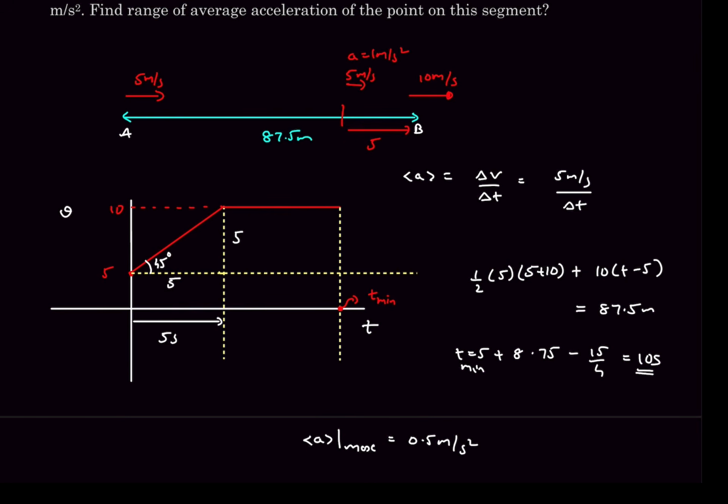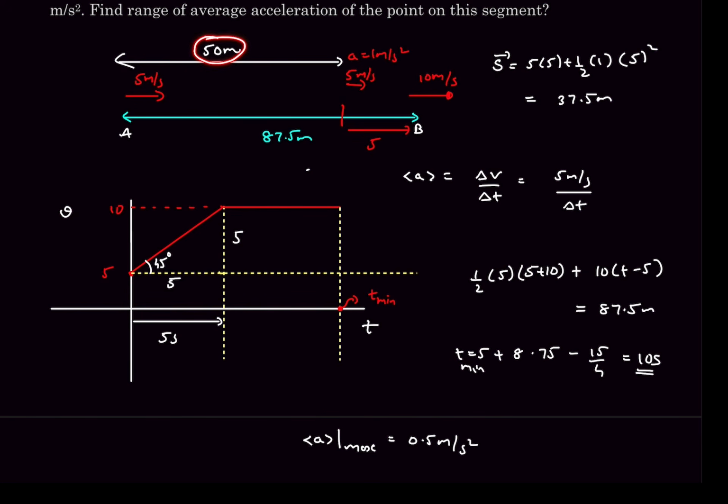We can use s equals ut plus half at squared: 5 into 5 plus half into 1 into 5 squared. This is 25 plus 12.5, which is 37.5 meters. So in the last 5 seconds we cover 37.5 meters, and from the 37.5 meter mark we need to start accelerating. Till then, we will move with 5 meters per second.